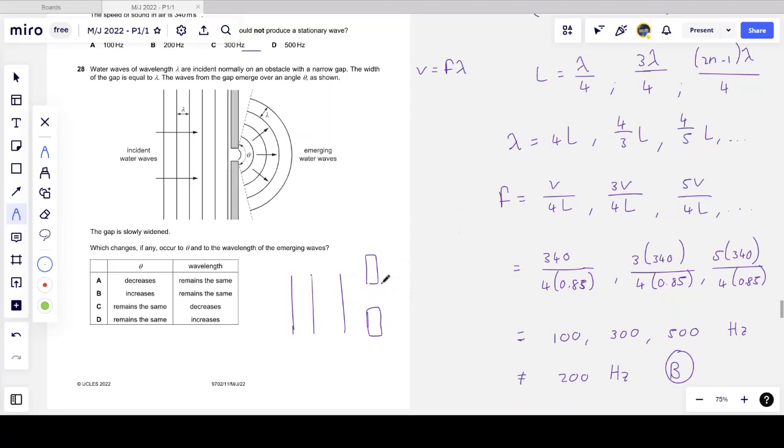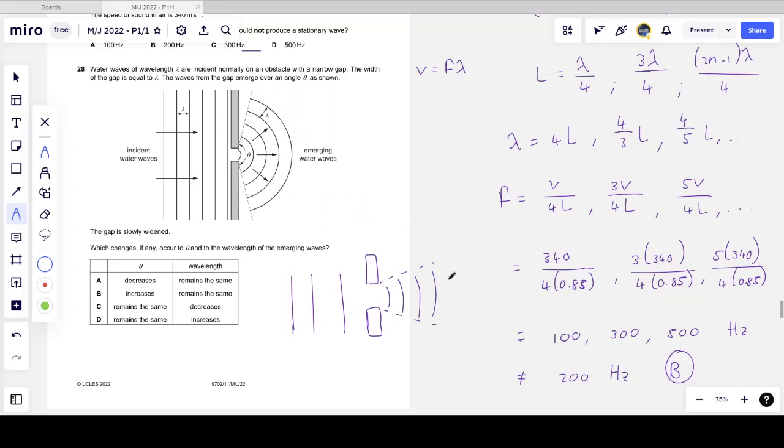What happens is there's still diffraction that occurs, but the diffraction occurs to a lesser extent. So the waves bend out less than they did before, and you can see that my dotted lines have a smaller angle between them than they did initially.